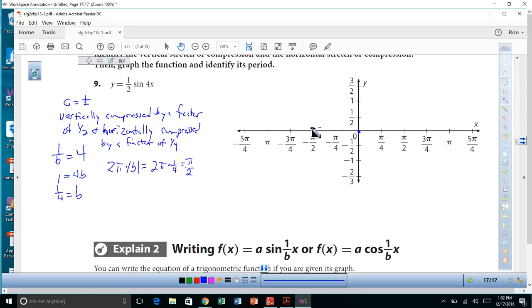So let's see here. That's going to be an x-intercept. That's going to be an x-intercept. And here's going to be an x-intercept. And there's going to be an x-intercept. Okay. All right. So we know it's going to go up here.